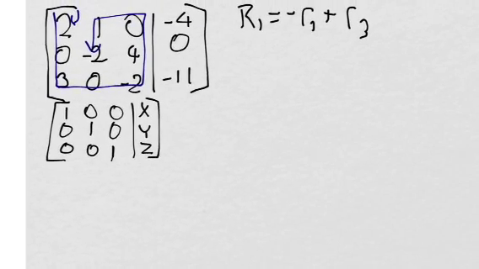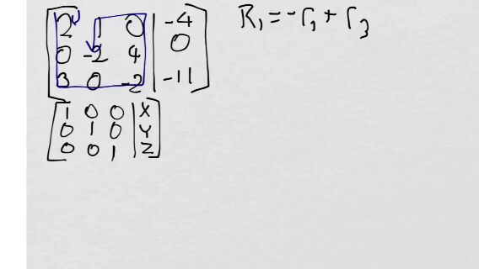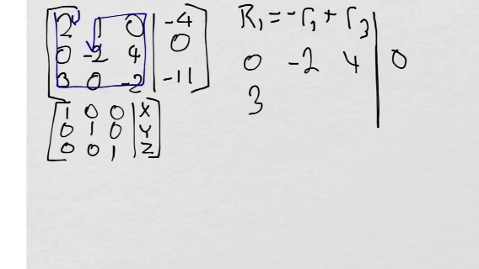So why don't we start off by writing down the bottom 2 rows, because those won't be changed, because this is just an equation for row 1. So 0, negative 2, 4, 0, 3, 0, negative 2, negative 11.